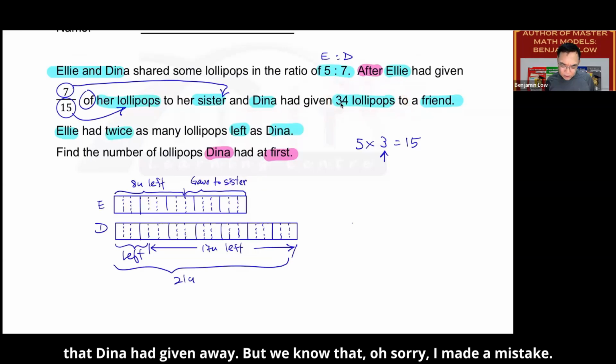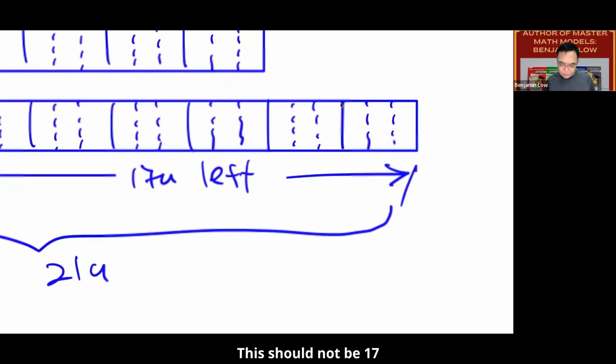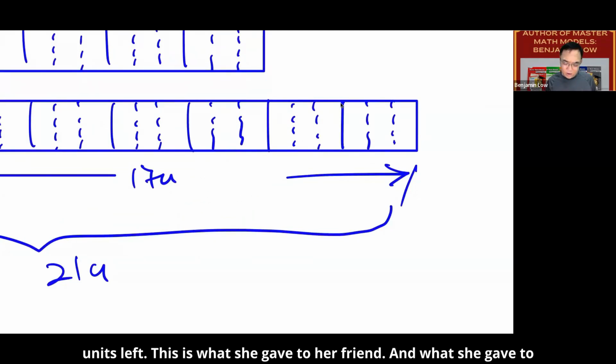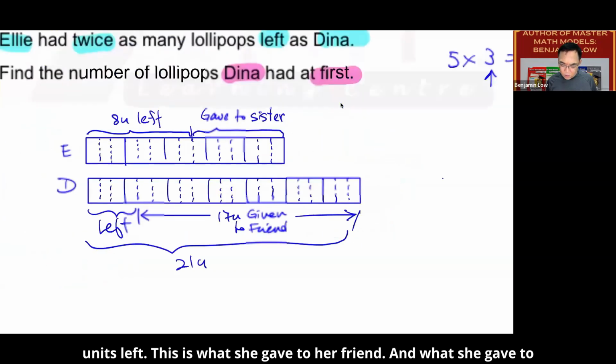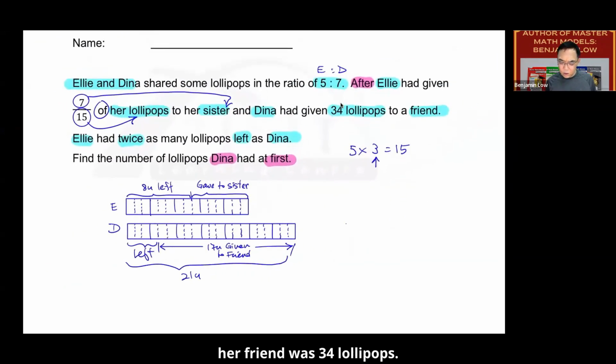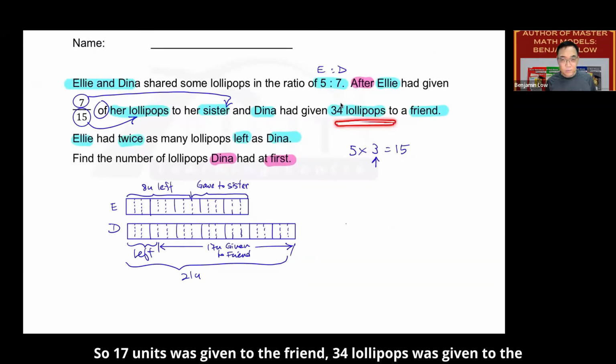But we know that, oh, sorry, I made a mistake. This should not be 17 units left. This is what she gave to her friend. And what she gave to her friend was 34 lollipops.